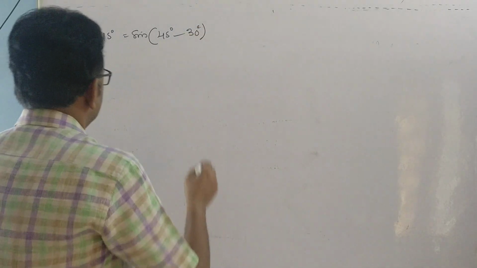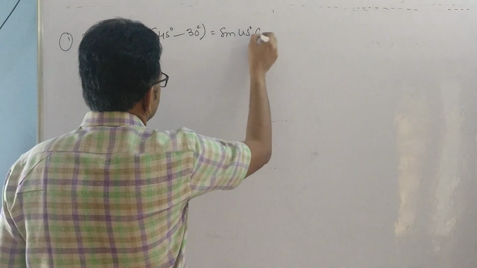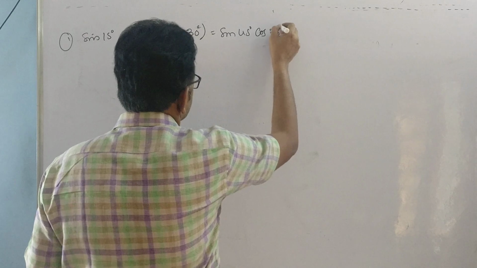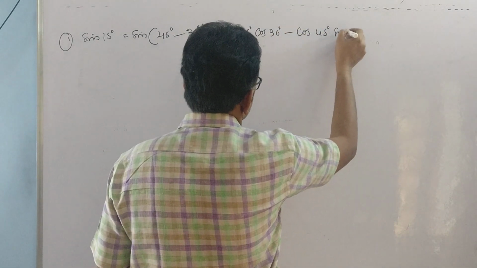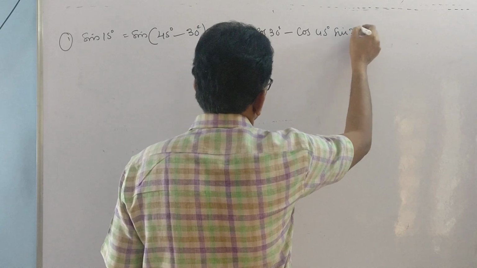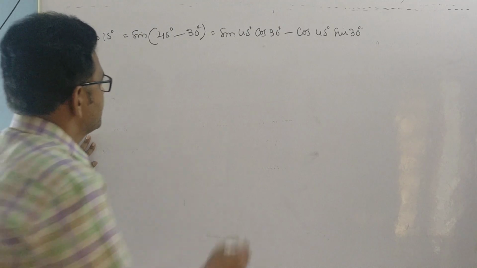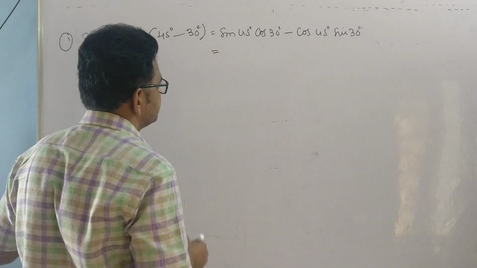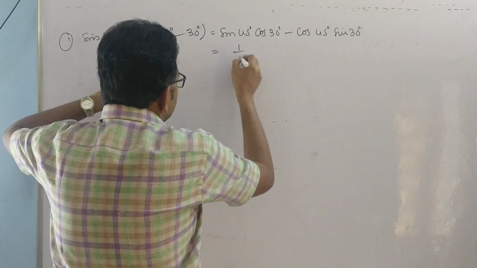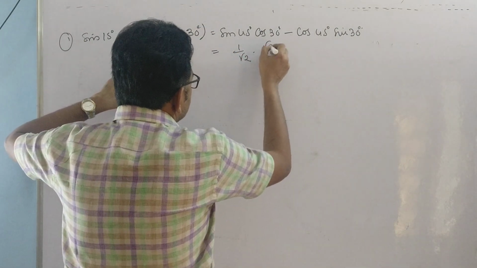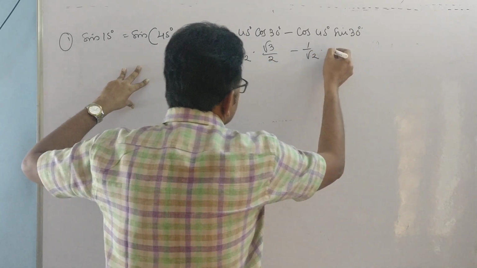This is equal to sin A into cos B minus cos A into sin B. Sin 15 is equal to sin 45, which is 1 by root 2, into cos 30, root 3 by 2, minus 1 by root 2 into sin 30.